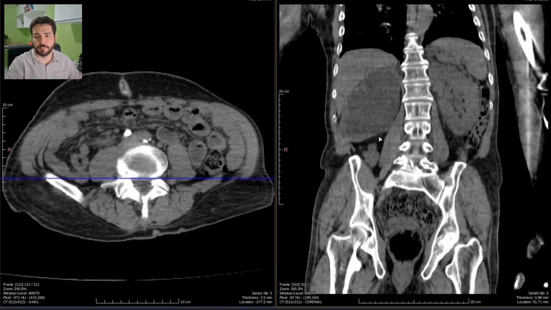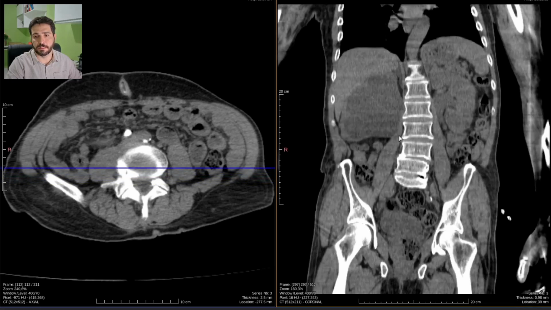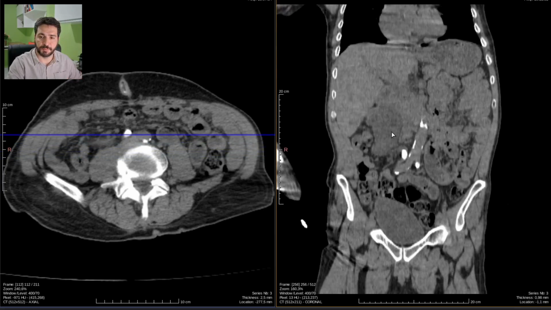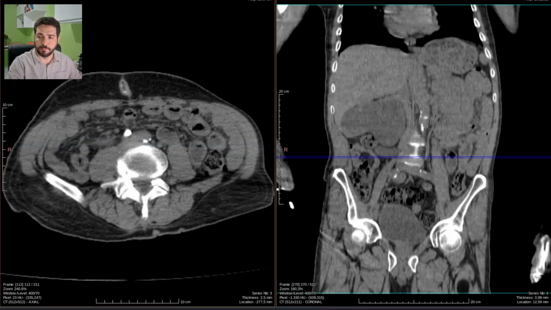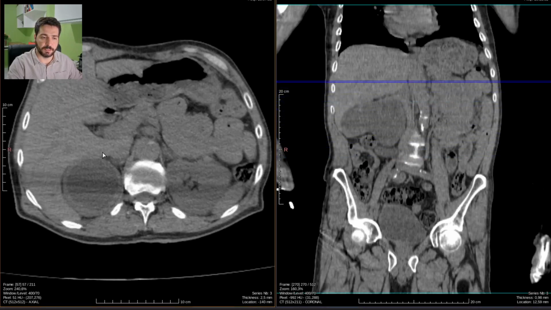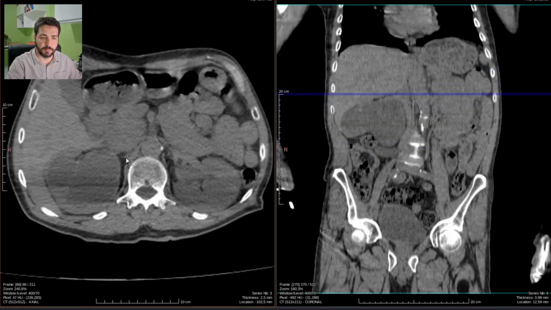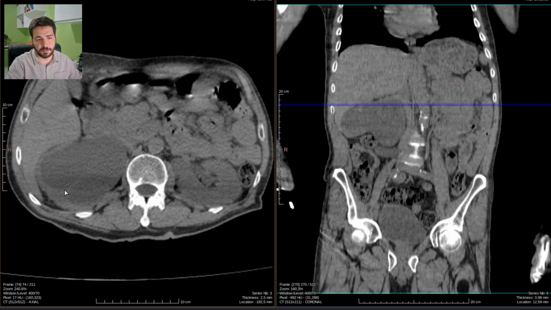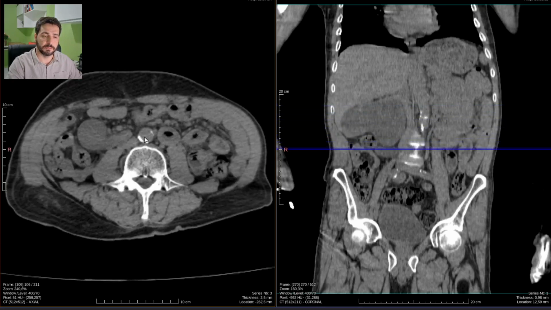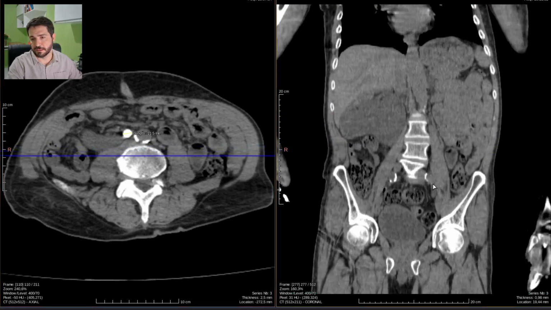This is probably a chronic disease that has been bothering this patient for a long time, mostly because this kidney has a very severe chronic parenchymatous disease. It's losing its substance, its parenchyma, its function, due to the chronic obstructive disease.